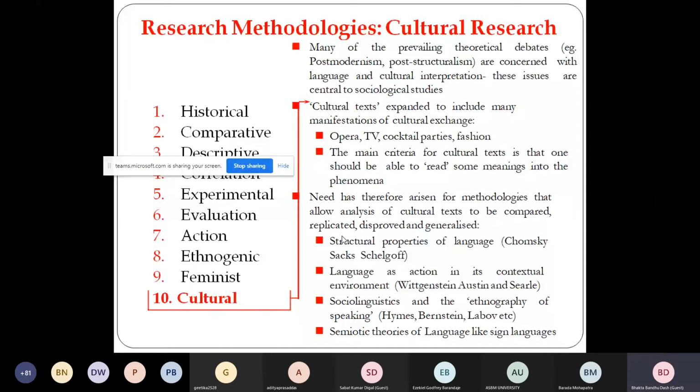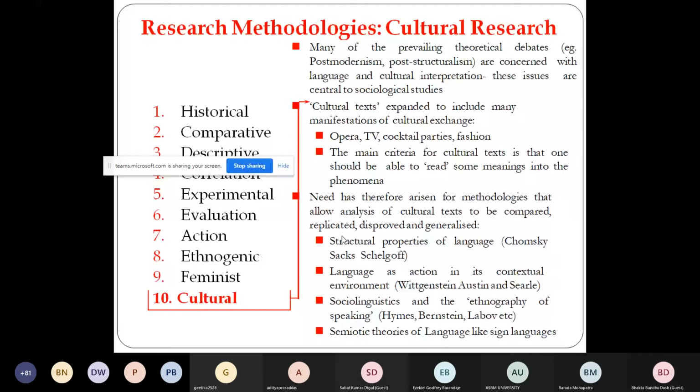So ultimately, I will tell you, cultural patterns of research are mostly used in quantitative research. Structural property of language: Bronsky, Chomsky, Flavel, they have worked a lot on psycholinguistics and all. So those people usually studied the structural property of language. So language research is mostly cultural-based research.